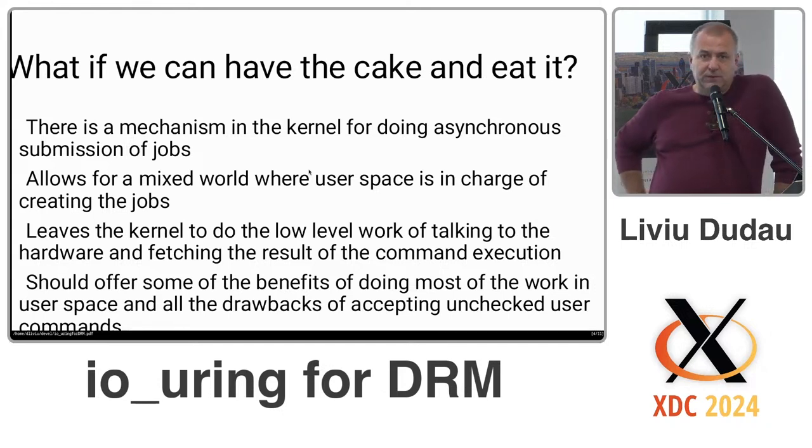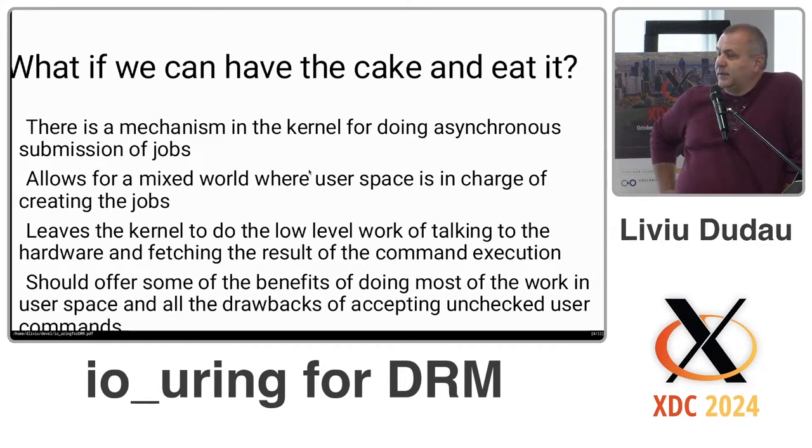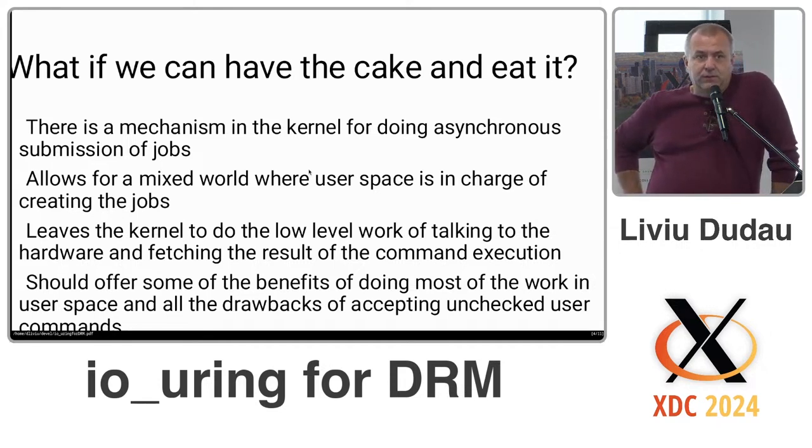There's already a mechanism that exists for doing asynchronous submissions from user space. You can still be in charge in user space of creating the jobs and preparing everything. You just pass it on to the submission queue, and you leave the kernel to do the low-level work, right?